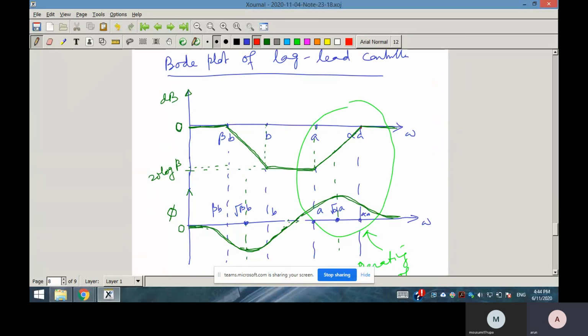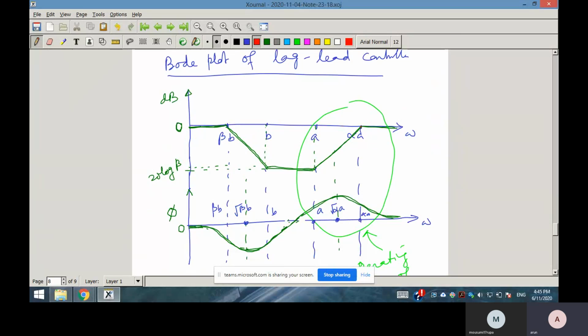Actually, here the magnitude is 20 log of alpha by beta. As alpha equal to beta, the magnitude will be 20 log of 1, so that's why it is 0 dB. Because of this alpha equal to 1 by beta, we are getting a nice plot.